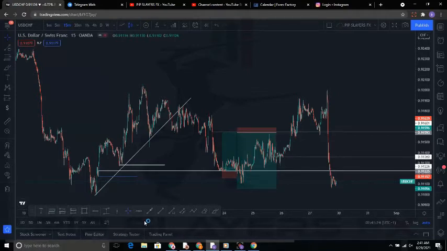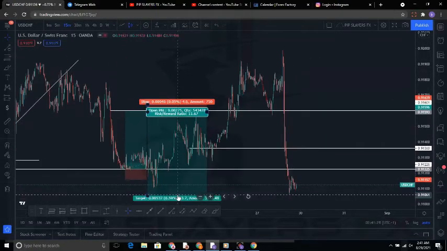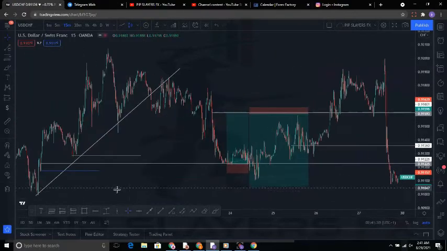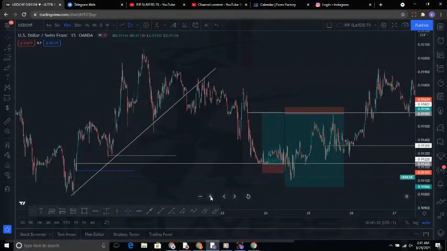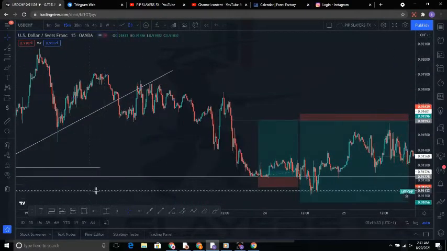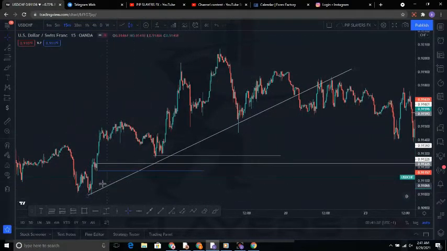I saw, I need to zoom in. I saw this fair value gap right here.